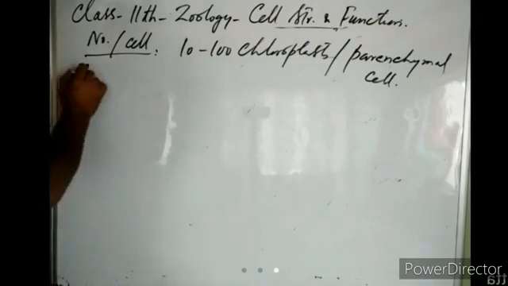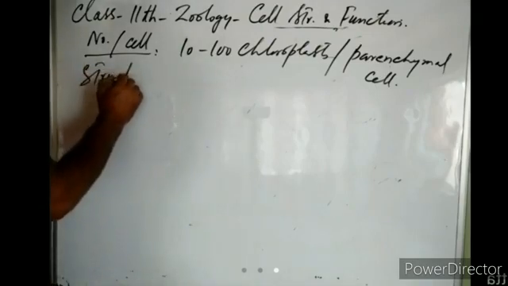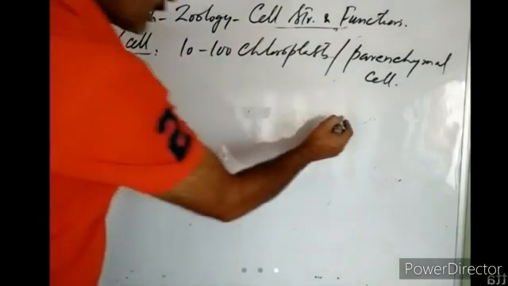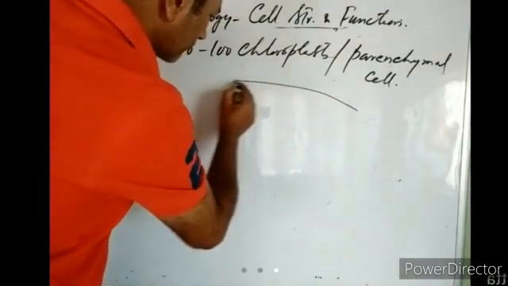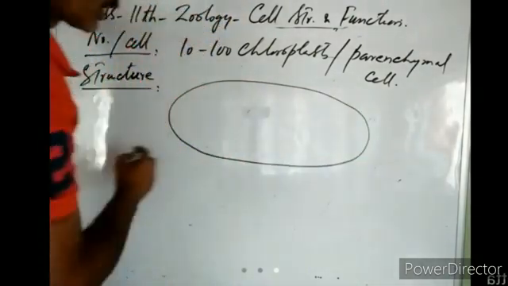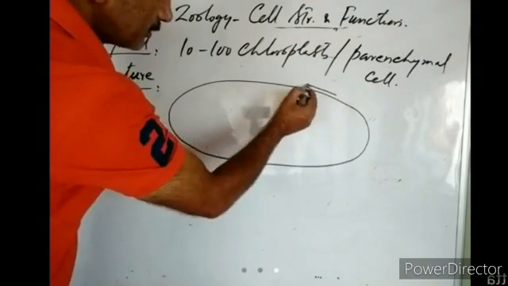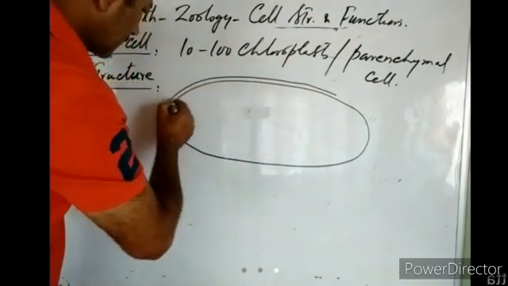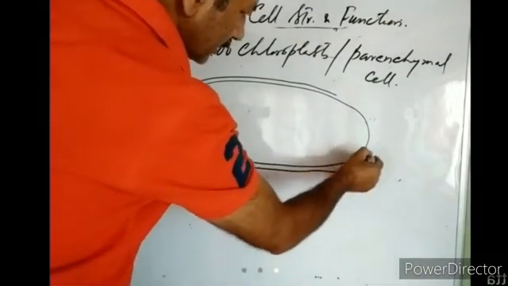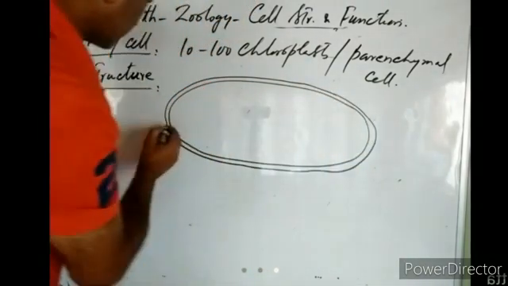Now we will have a look at their structure. How do these chloroplasts look? These chloroplasts are double membrane bound organelles. Like mitochondria, like the nucleus, they are double membrane bound organelles.